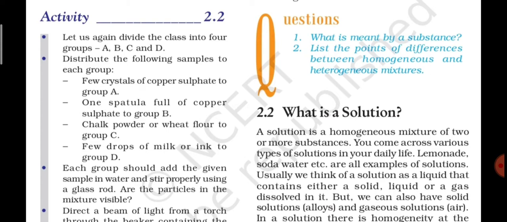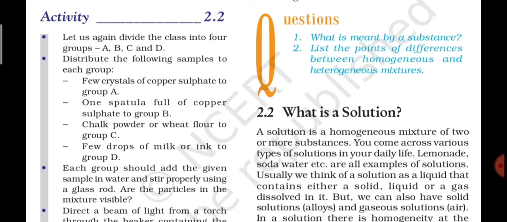As you can see, each group has a different substance. Group A has got only a few crystals of copper sulfate. As I have told you, copper sulfate is a type of salt. It seems to be powder, but it is in the form of crystals.